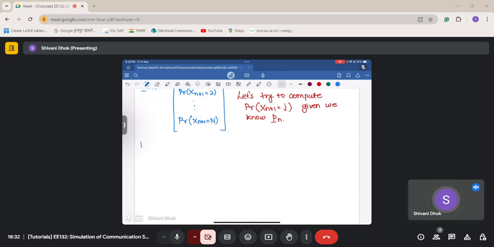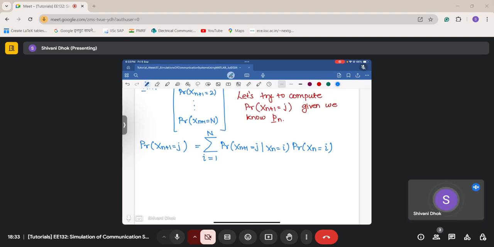Okay, so what we can do is use the law of total probability: probability that xn plus 1 is j given xn is i, into probability that xn has taken state i. And how many values can i take? i can take values from 1 to n.